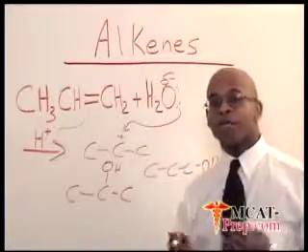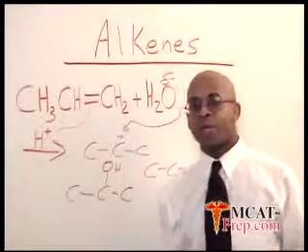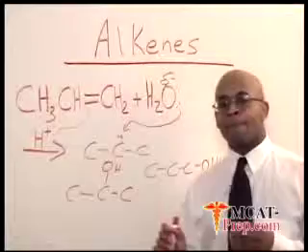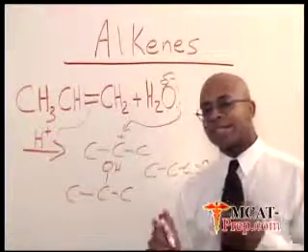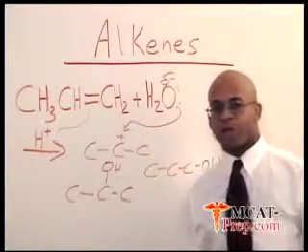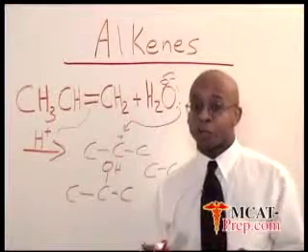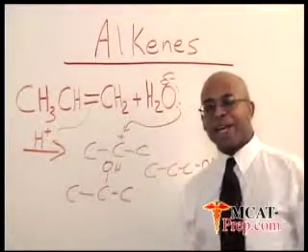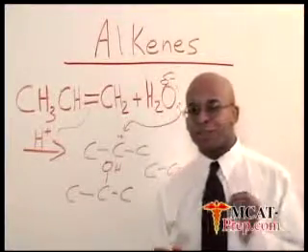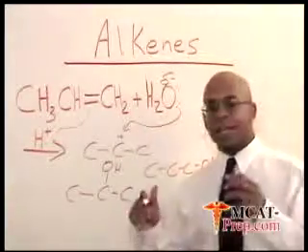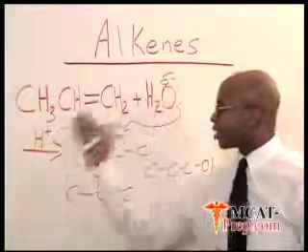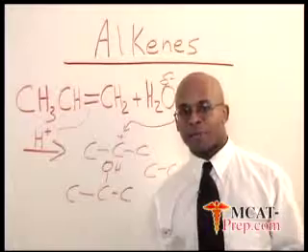Now, it is important to understand mechanisms of reactions, because even when we say that something is improbable to occur, that means that it still occurs, but it's unlikely. And the MCAT can actually play with that. In other words, they can say, in this, which of the following is the product?